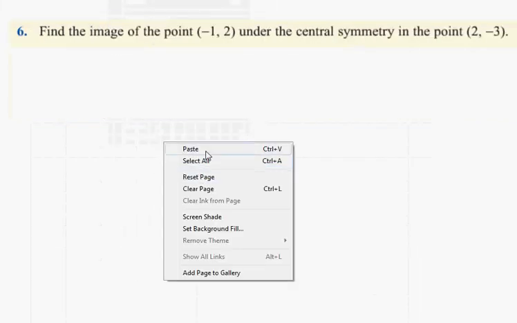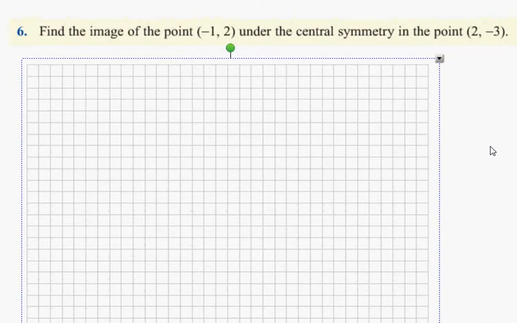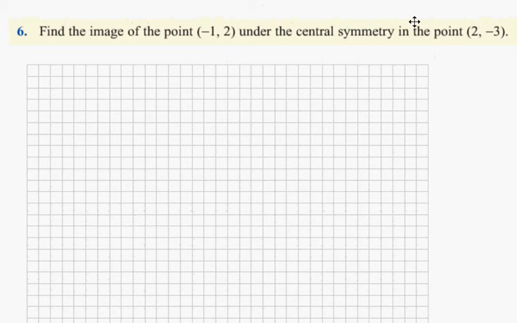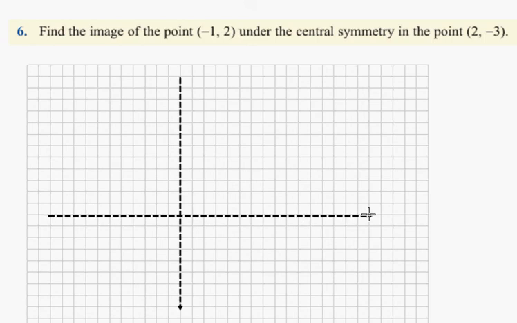Find the image of the point -1, 2 under central symmetry in the point 2, -3. Okie dokie. So here we have the xy axis, and we have to find the image of the point -1, 2, and then central symmetry in the point 2, -3.